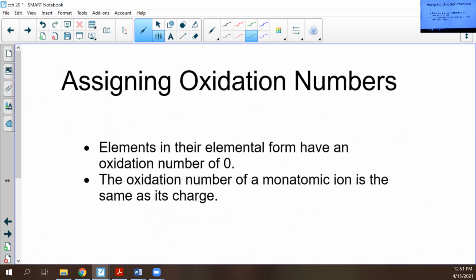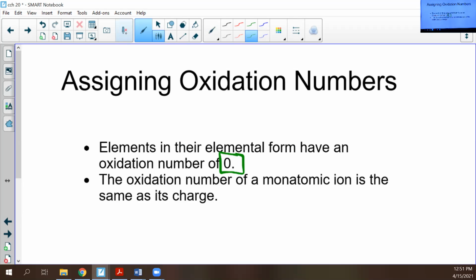To find those numbers, we follow these rules. If it's an elemental form, it has an oxidation number of 0. I mean, it doesn't have a charge. It's neutral. What it technically means is its number of protons and electrons are equal to each other.